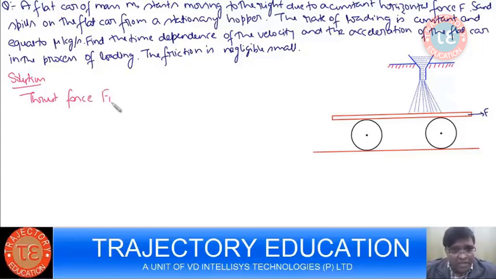Thrust force is given by Ft equals to VR dm by dt. VR is the relative velocity of the added mass with respect to the flat car.